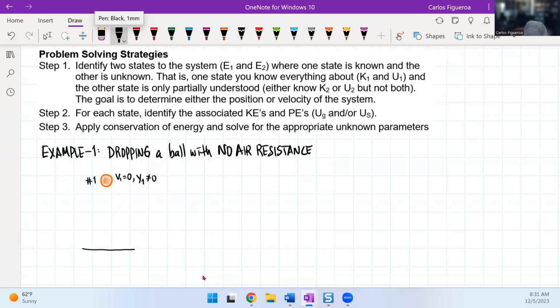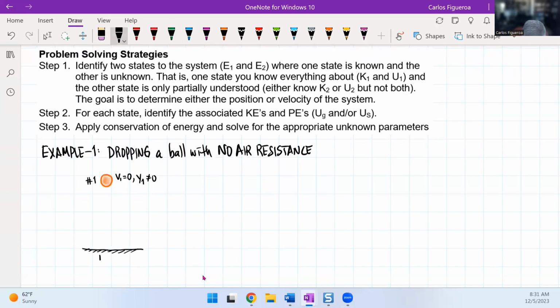So in this problem, I have this scenario. Now what do I do here? What do I know about this thing? Well, I ask, what are the forces acting on this system? You know what, I made a mistake here. Let me redraw this.